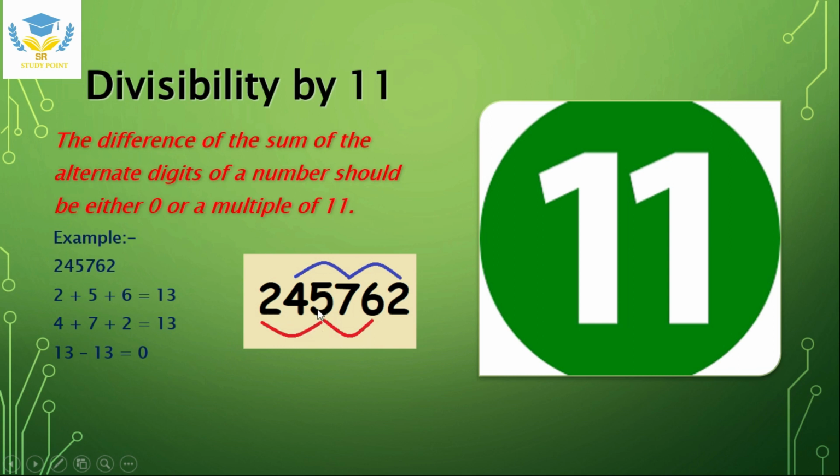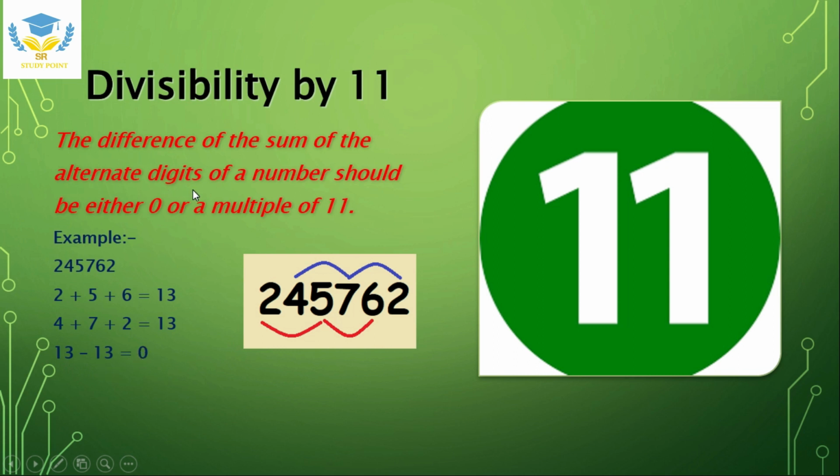2 plus 5 plus 6 is 13. Next numbers, 4 plus 7 plus 2. 4 plus 7 plus 2 is equal to 13, and then we have to subtract these two numbers. 13 minus 13 equals 0.